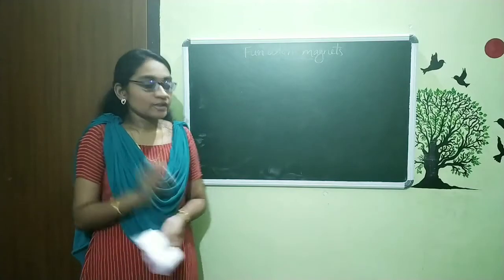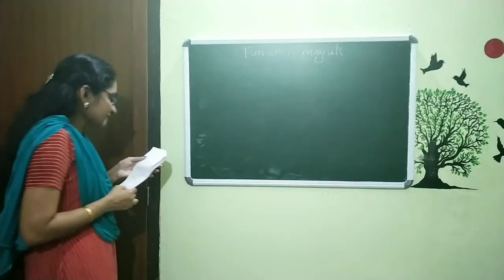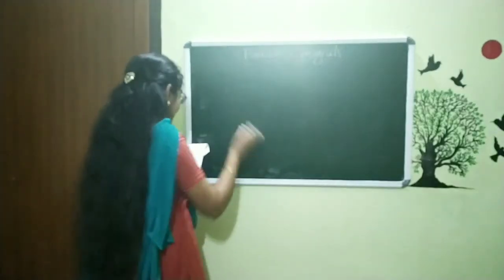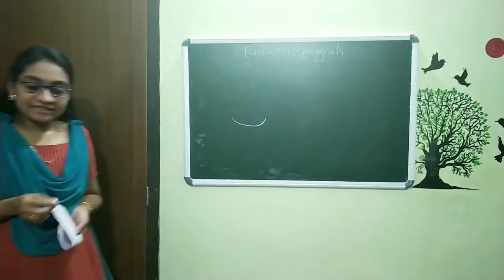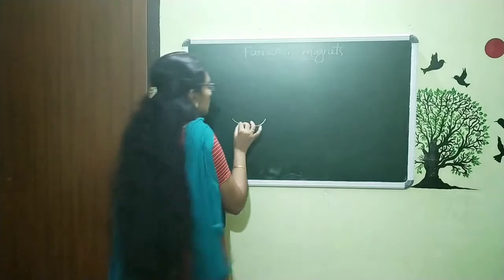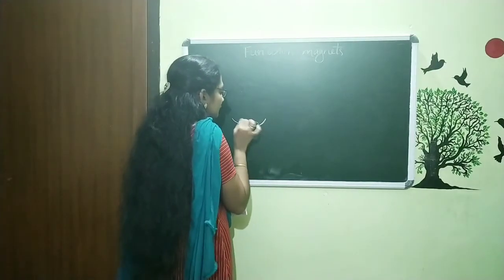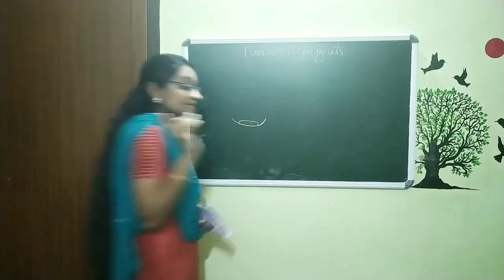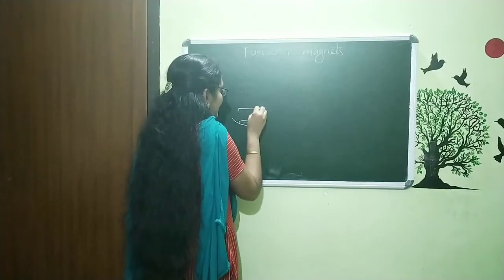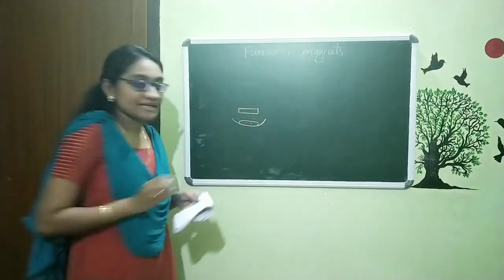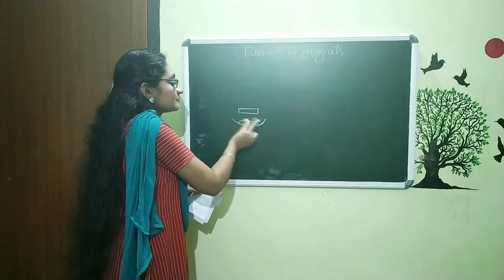So we are going to do one activity using soil. Within a beaker, we collect some soil particles, and then take one bar magnet, put this bar magnet in the soil and rub it in the soil.